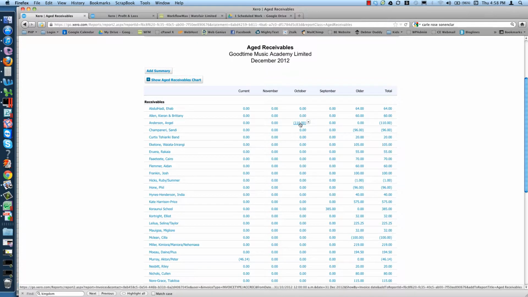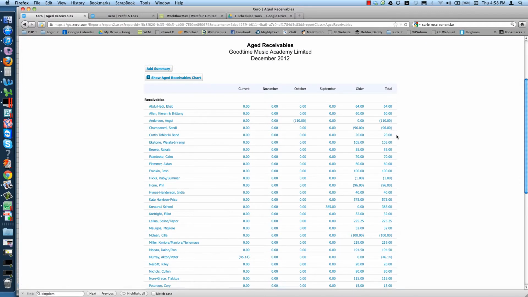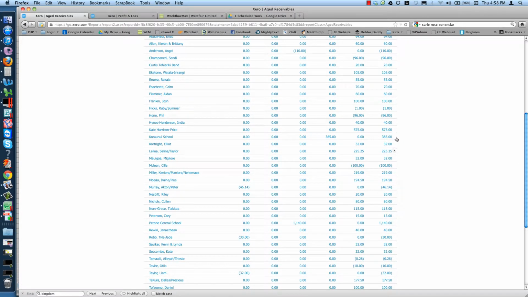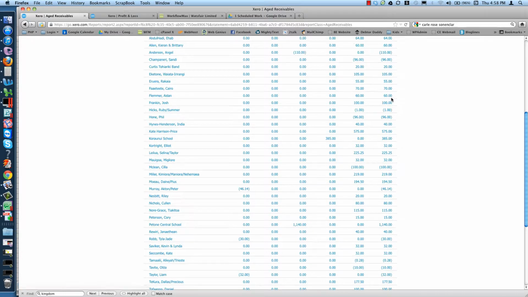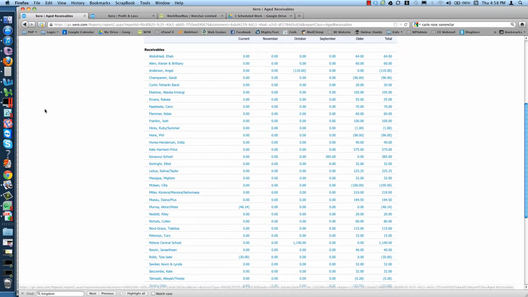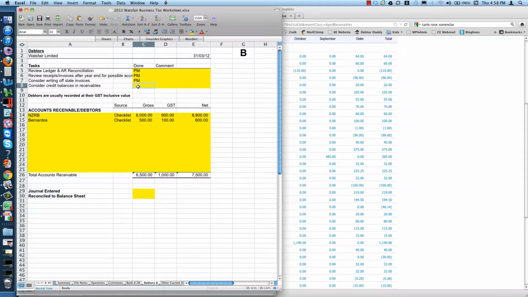If it is in fact truly payable and we just haven't paid it by the end of the year, we might want to add them all up and evaluate whether or not we need to transfer an amount out of our debtors and into our accounts payable section. And in this case, there's quite a few small value, but still quite a few credit balances that we might want to assess. In this case, we know we haven't got any, so we can sign that off.